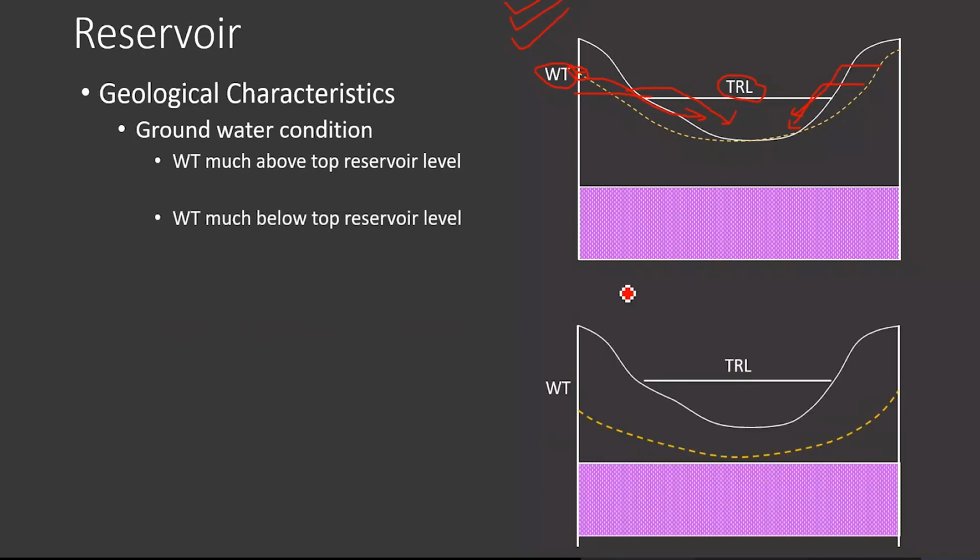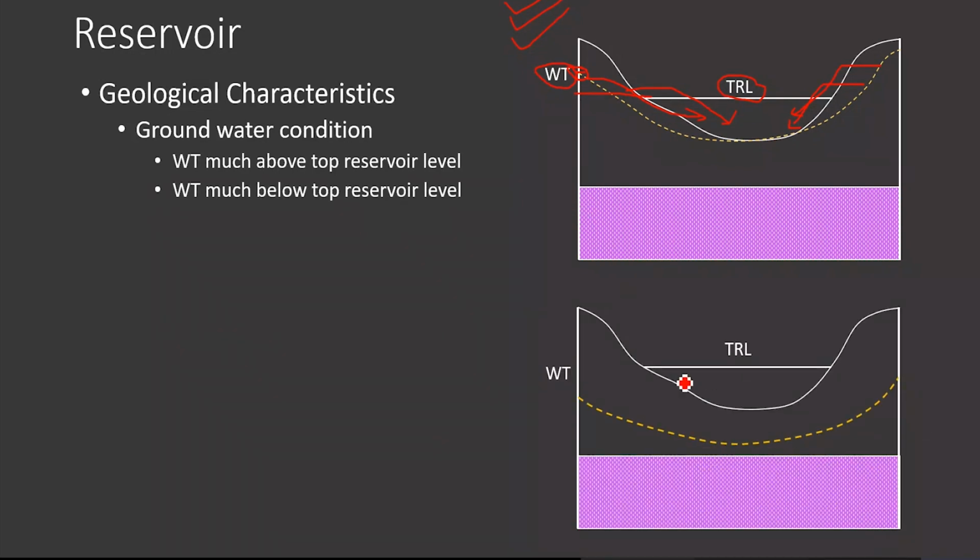Now in the second case, this is the dam that I am going to construct, and this dam is going to fill with water and store the water in the reservoir. But while it is storing, this much depth of rock on which we are constructing the reservoir is dry, not saturated with water.